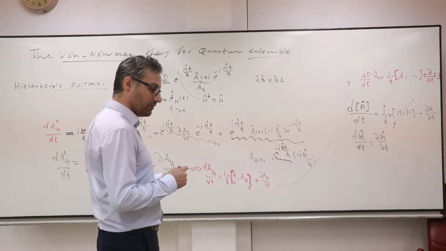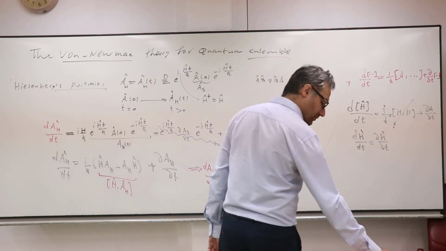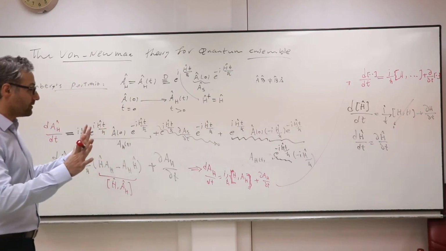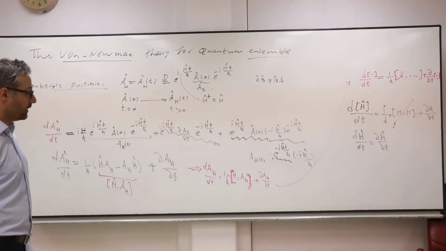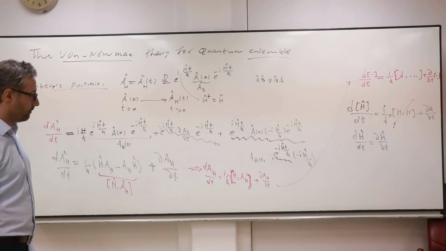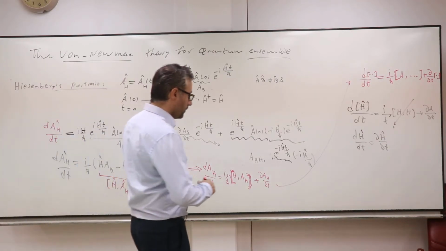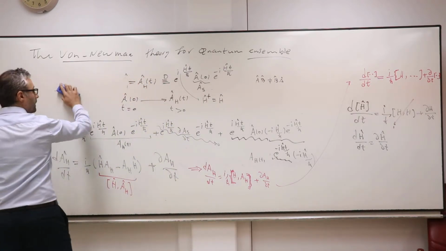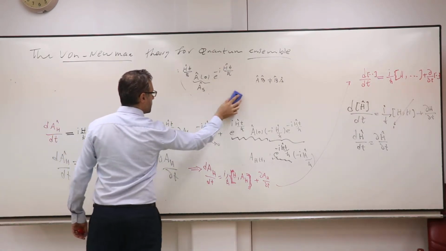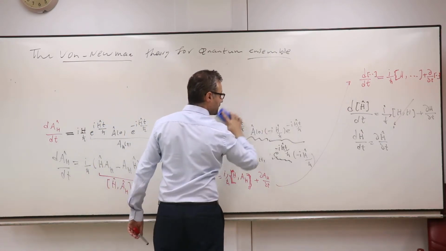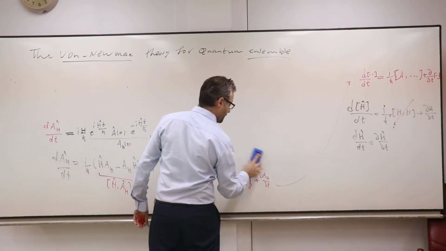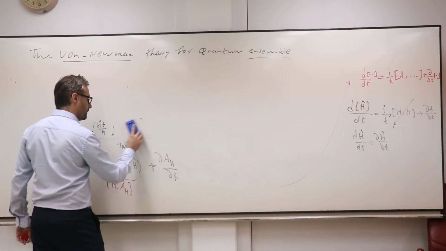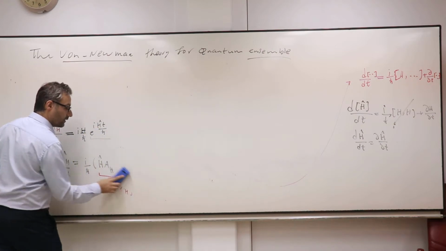Before going forward, I want to remind you of one equation from the chapter on phase space. You remember when we studied the Liouville theorem there. In the classical ensemble theory, we started our discussions by considering the time evolution of the density function, which we call rho.